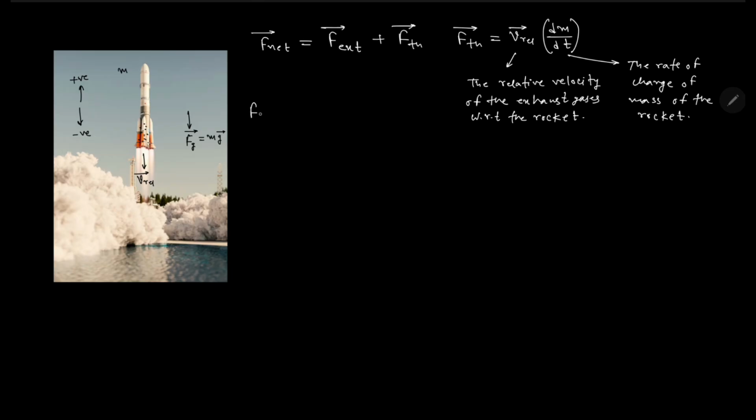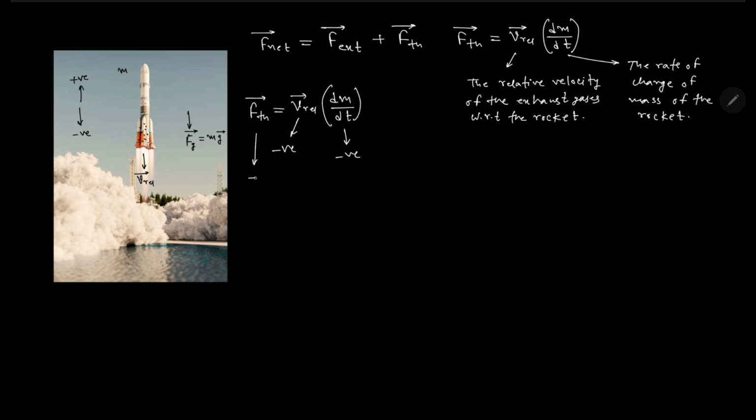So the expression for the thrust force we have here is v relative vector times dm upon dt. So the relative velocity of the exhaust gases with respect to the rocket is negative because it is along this downward direction, and this dm upon dt, which is the rate of change of mass of the rocket, is also negative because it's decreasing.